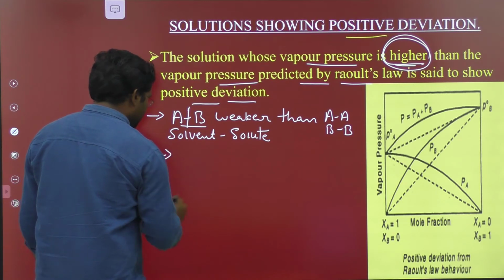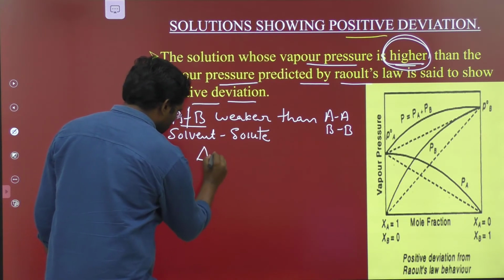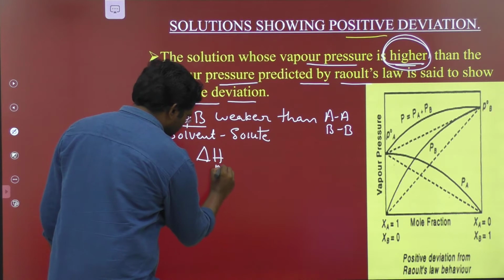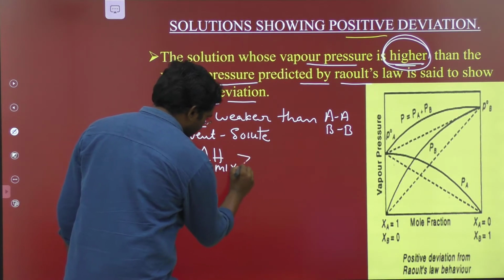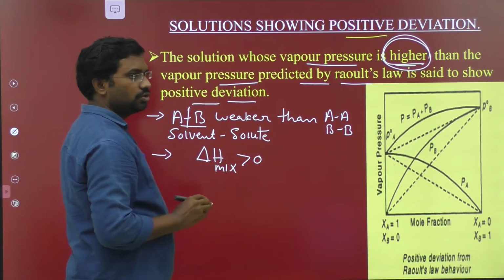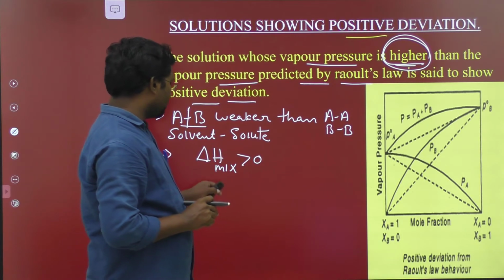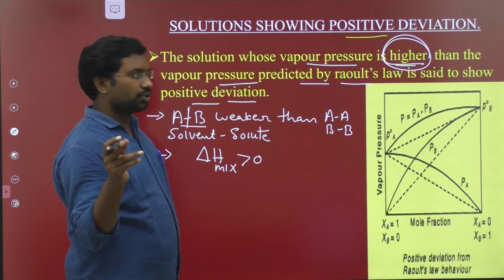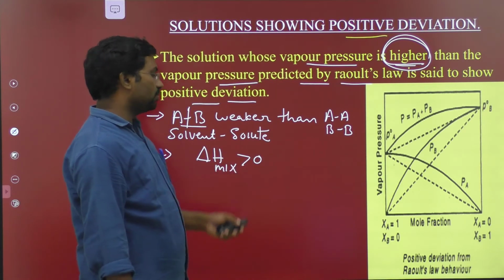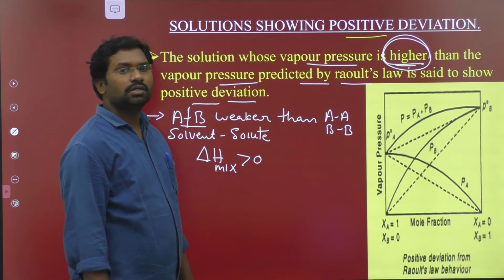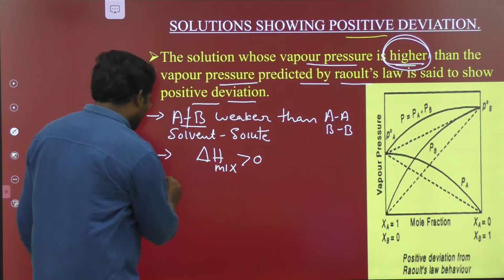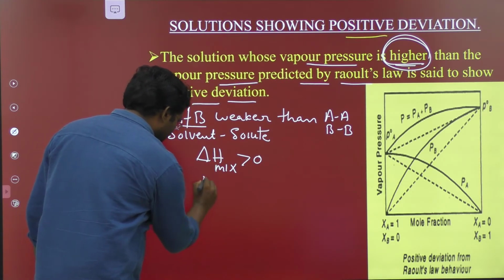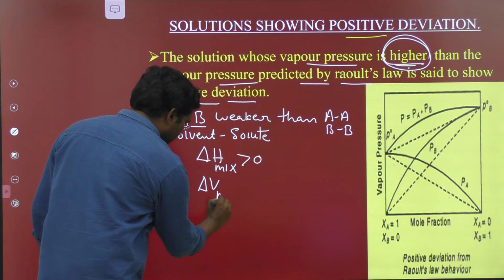And the next condition is delta H mix is always greater than 0. In case of positive deviation, the change in the enthalpy of mixing of the two components which form a solution is always greater than 0. Our next important thing is delta V mix greater than 0.